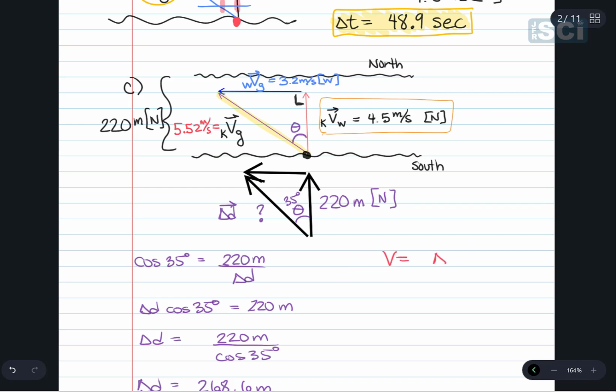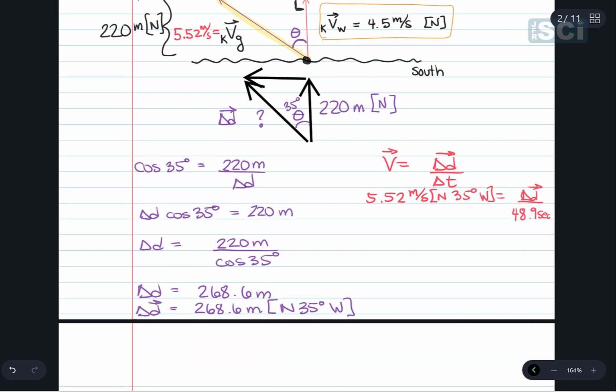So if I say delta D, distance or speed, V is equal to delta D divided by delta T, and we can actually call these vectors because we can find the displacement. That velocity, the red velocity there, is 5.52 meters a second north, 35 degrees west. So that's delta D. And we divide that by this time of 48.9 seconds.